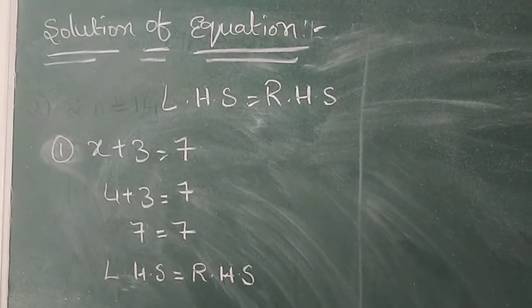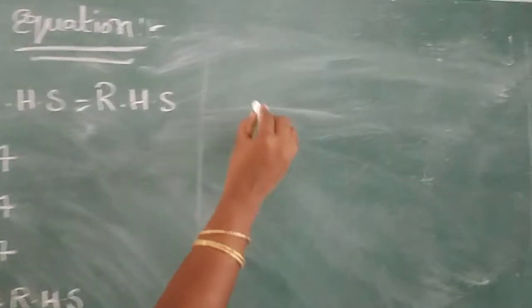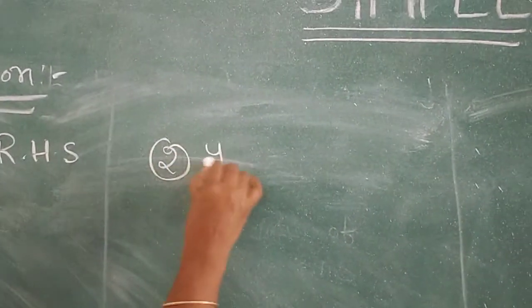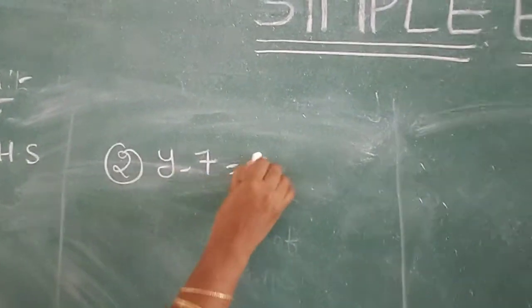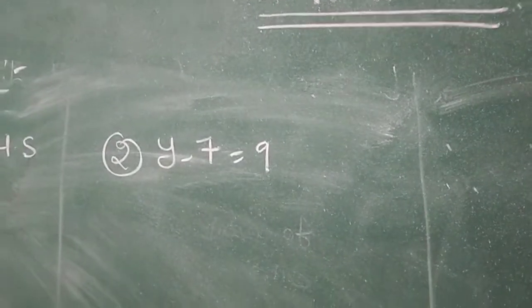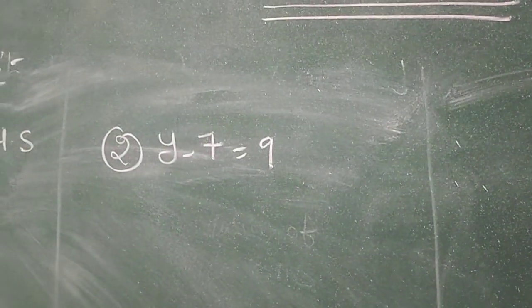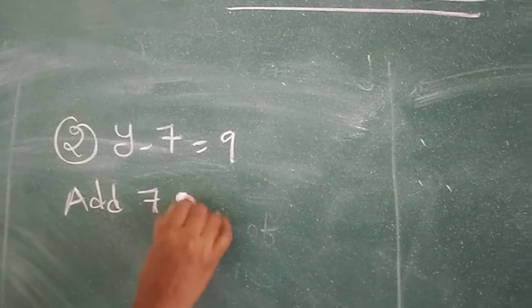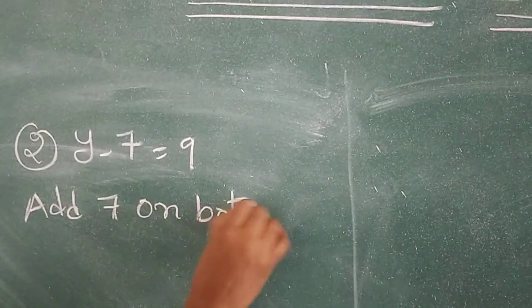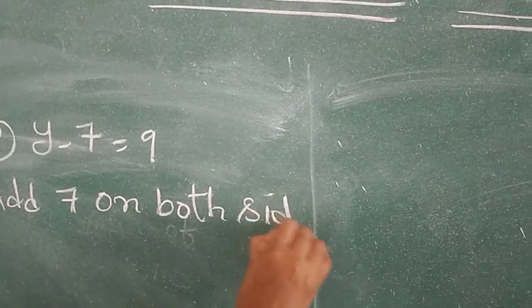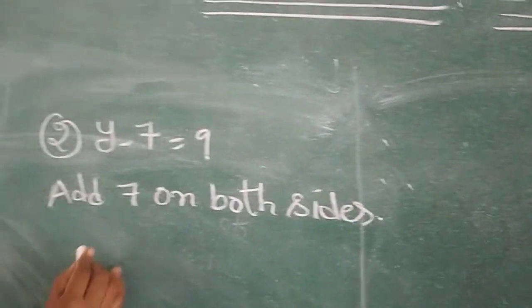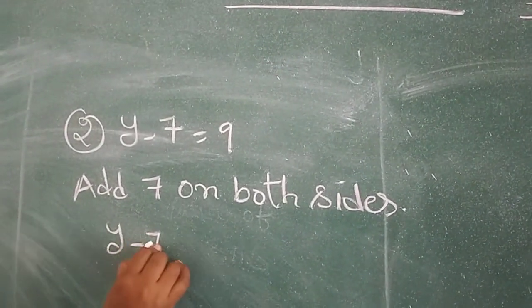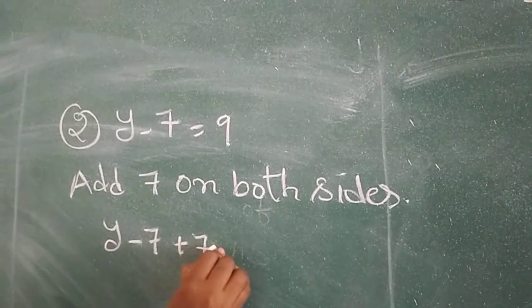Solving some more examples. y minus 7 is equal to 9. Add 7 on both sides. y minus 7 plus 7.